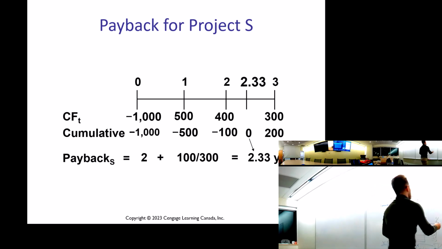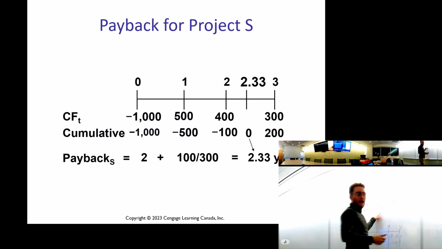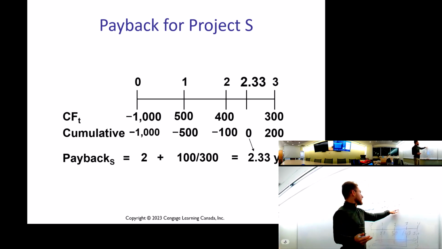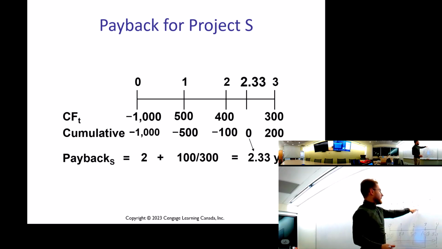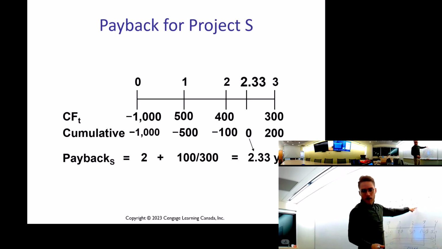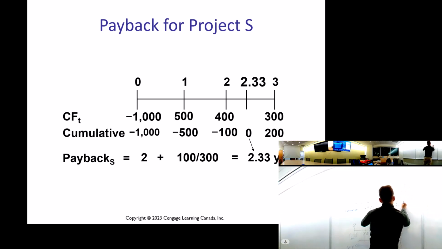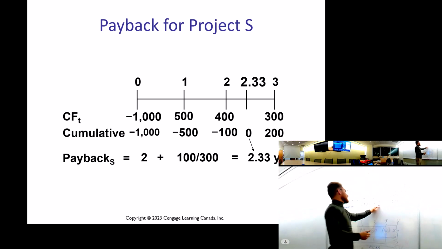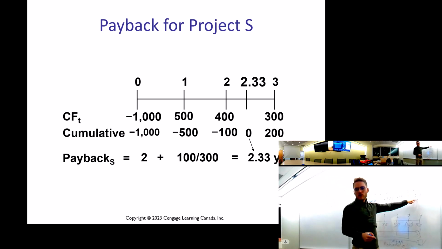And then I earn $300 in year 3 because it's not a perfect world, and I actually over earn back my cumulative cash flow. So if we think about it like this, right? I still have a deficit of $100 here, and then as of year 3, I have a surplus of $200. Why? Because negative $100 plus the $300 is equal to $200, right?